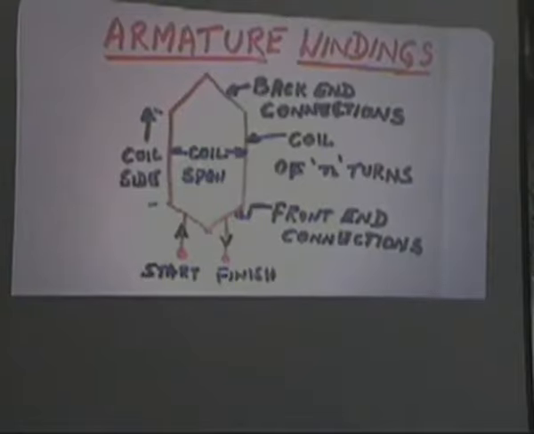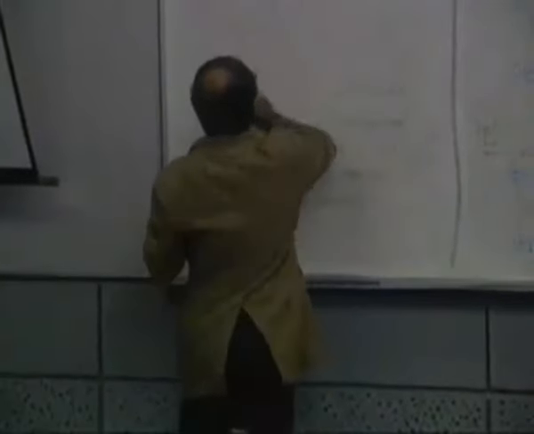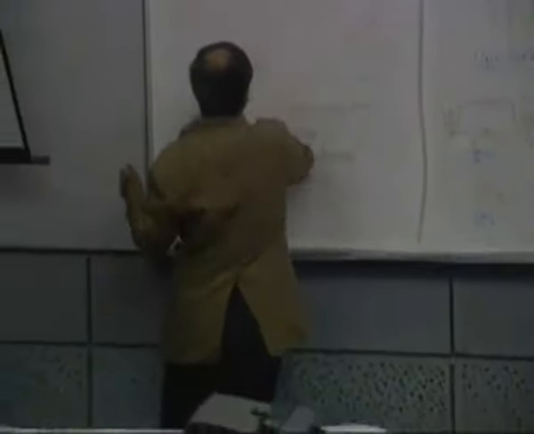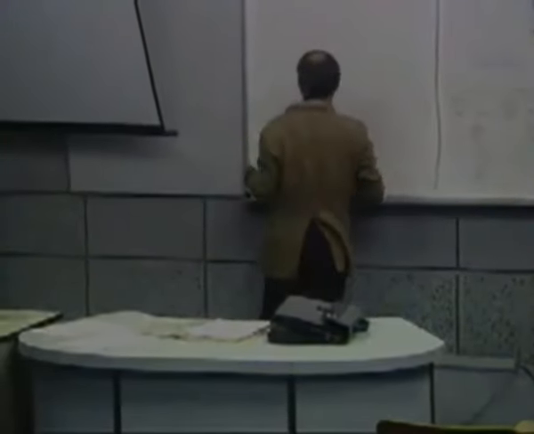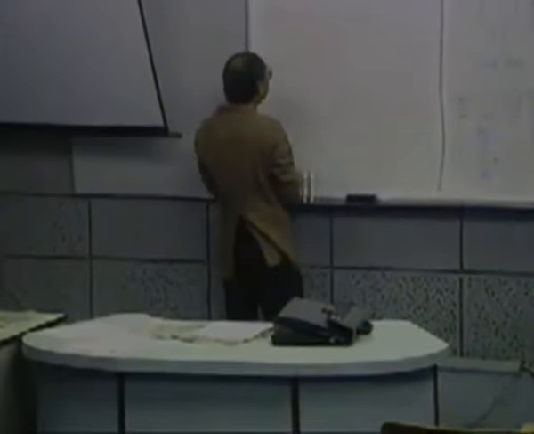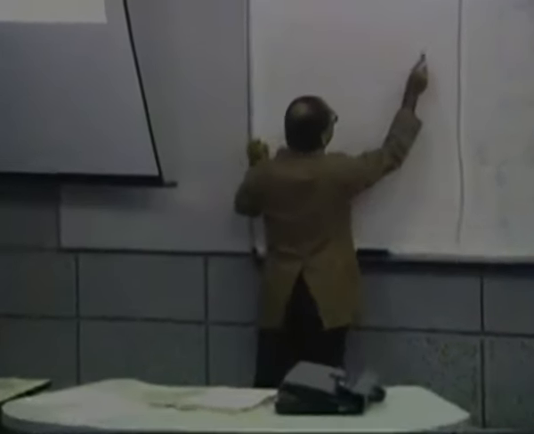Now these coils are placed in slots. In general, we use double layer windings in most of the DC machines. Let us understand what this double layer is. Supposing there is a slot here and there is another slot.